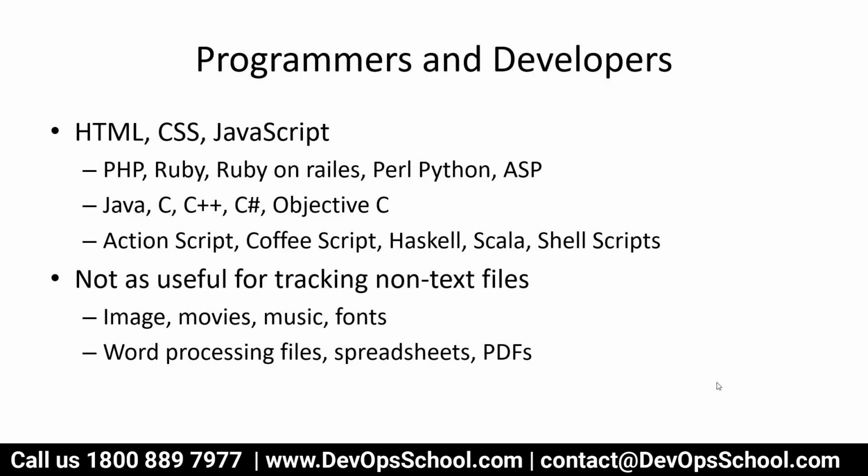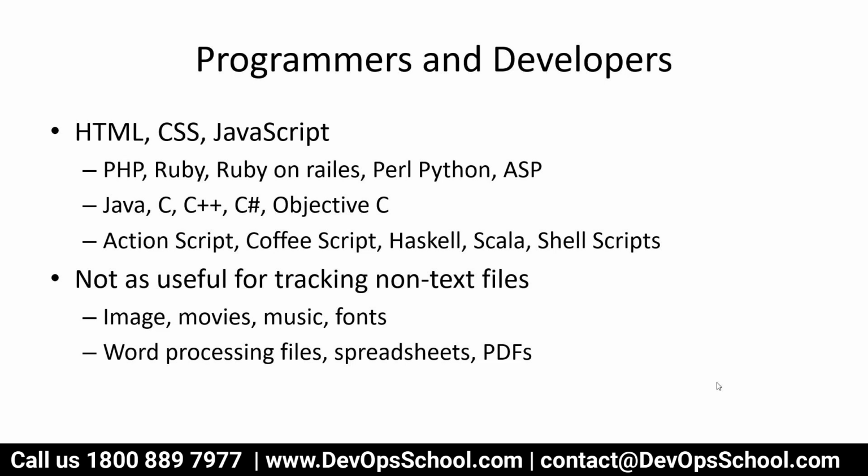But you can also store images, movies, music, fonts, Word documents, and PDFs. But you should not do that. Why? Because Git is not designed for versioning non-text-based files. That means images: you cannot compare two images, but you can compare two text-based files.